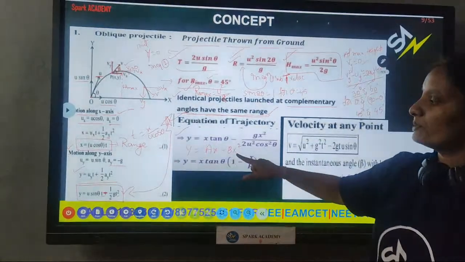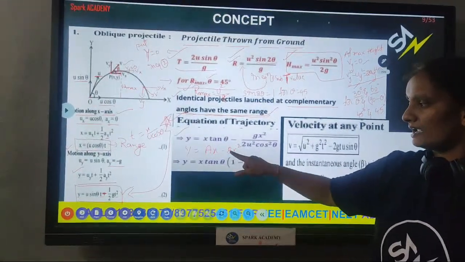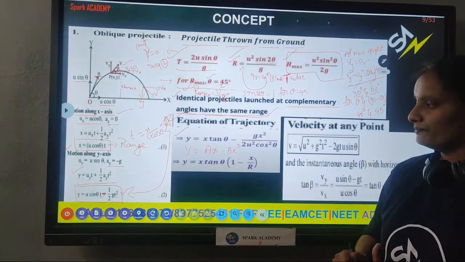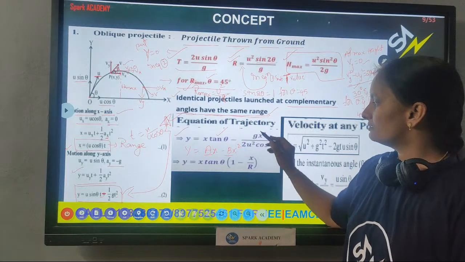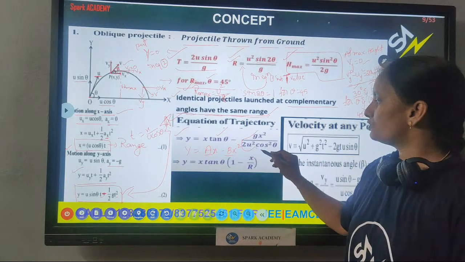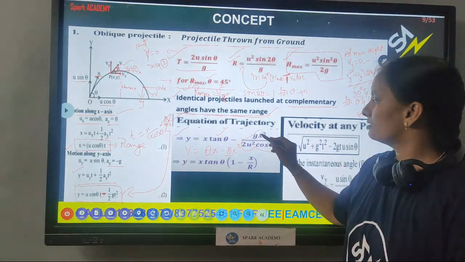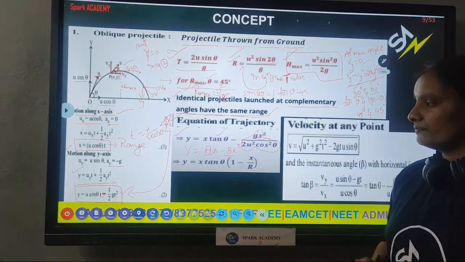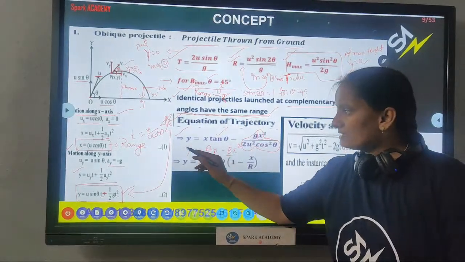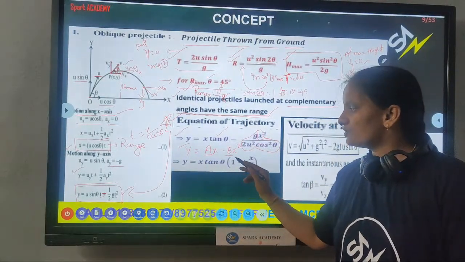The equation of a parabola is like ax minus bx square, where a is tan theta and b is g by 2u square cos square theta. So we are just writing this parabolic equation in terms of constants.